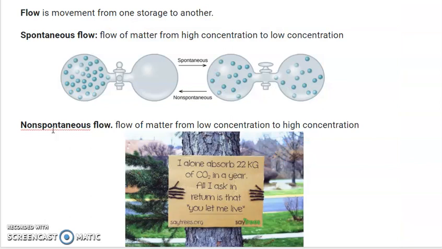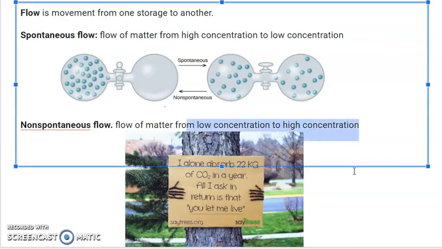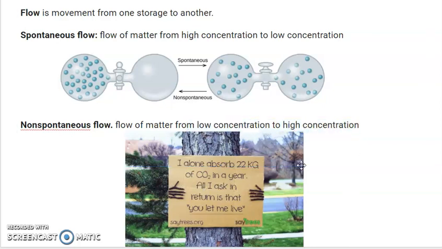We also have non-spontaneous flow, which is when matter goes from low concentration to high concentration. For example, absorption of carbon dioxide by trees. Trees have lots of carbon in them, right? But they want to absorb more carbon dioxide from the air.